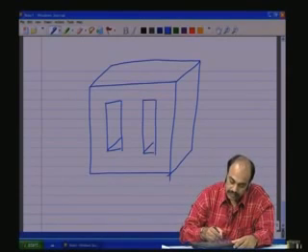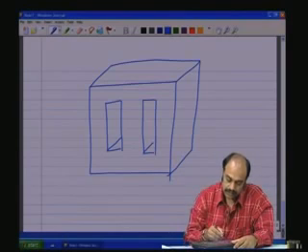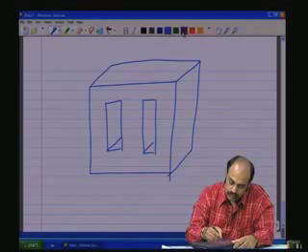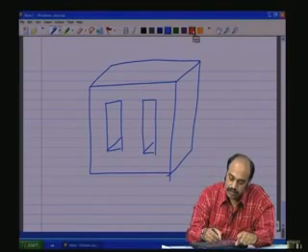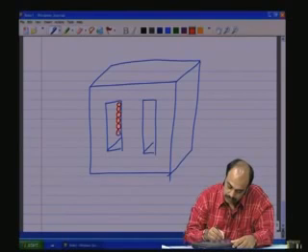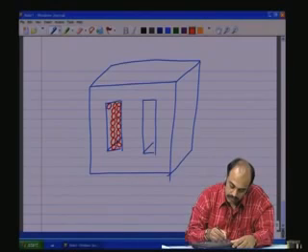So, we have the winding around the central leg. What is the maximum amount of windings that one can accommodate? If I cut, you will see that this is the number of windings that can be accommodated, both primary and secondary, all put together.